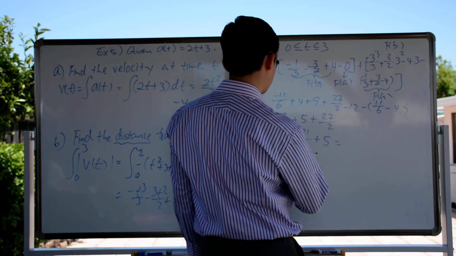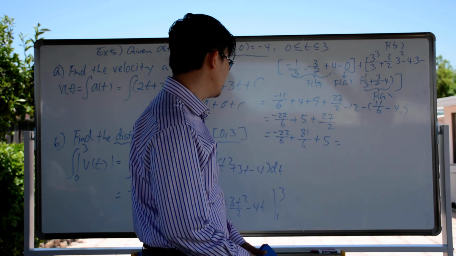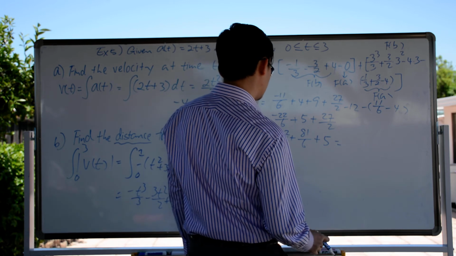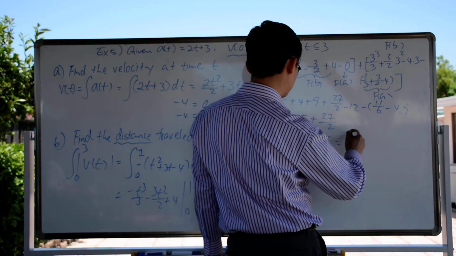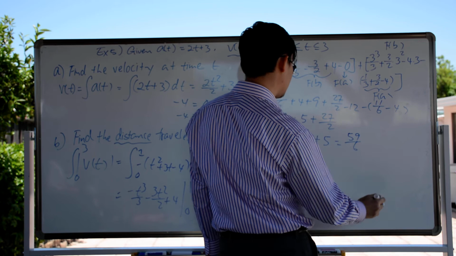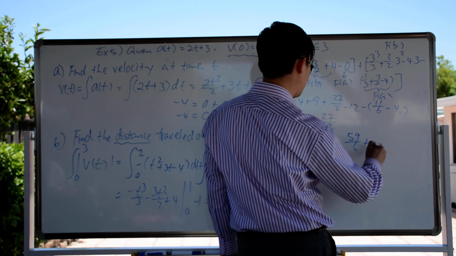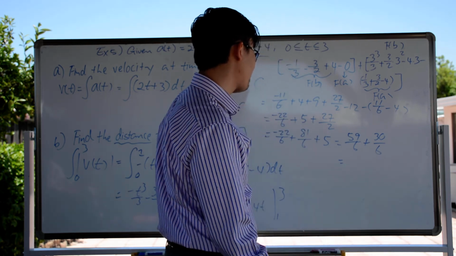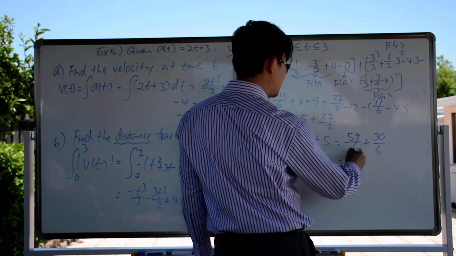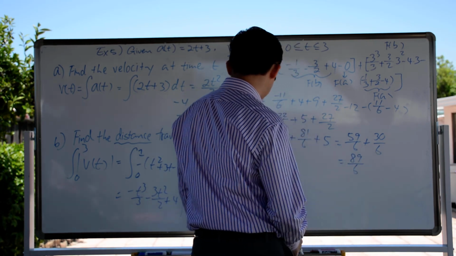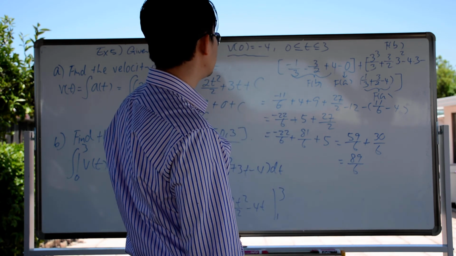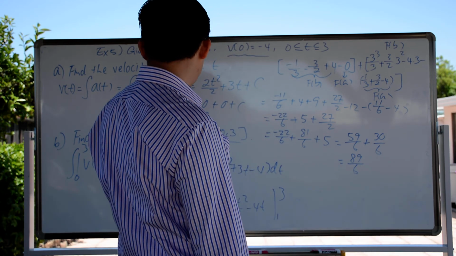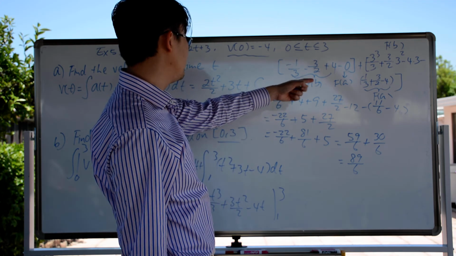So 81 minus 22, we do have 59 over 6 plus 5, which is 30 over 6. So eventually it's going to be 89 over 6 for the total distance. So checking the work one more time, making sure that you plug in everything correctly.